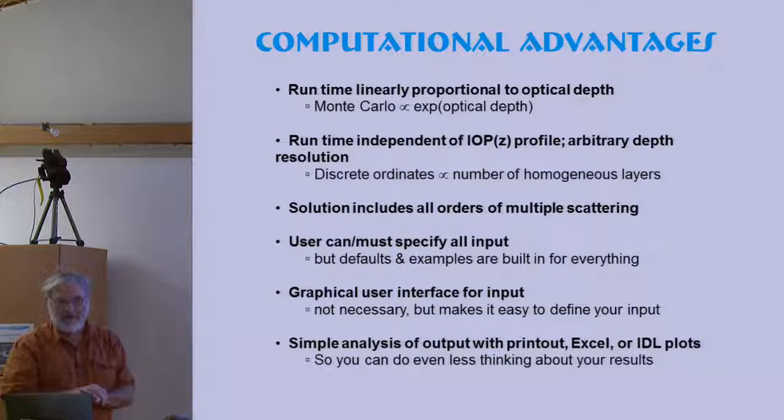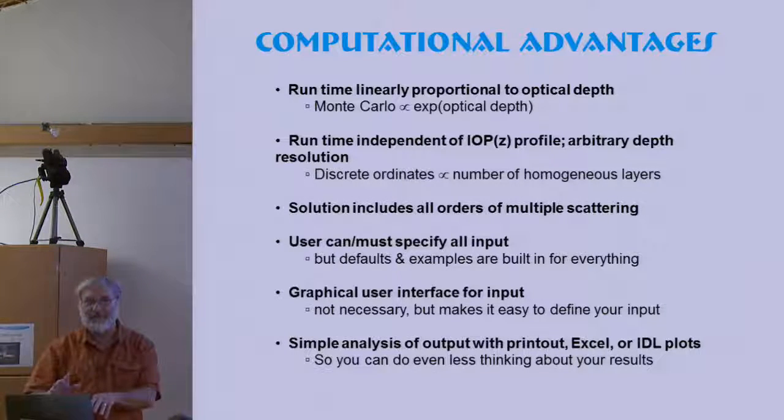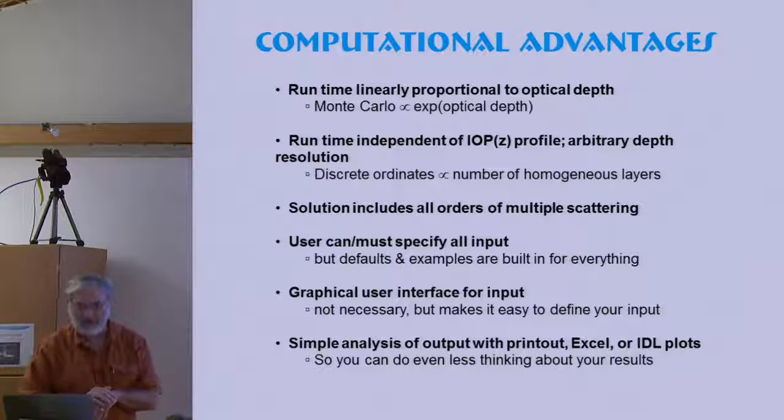If you are familiar with Monte Carlo simulations, the runtime for a Monte Carlo simulation increases exponentially with optical depth. So if you go to 5 optical depths and then 10 optical depths on the next run, that's not a factor of 2 in runtime. It's the difference of e to the 5 versus e to the 10, which can get really big.